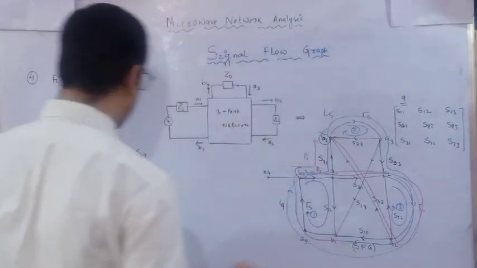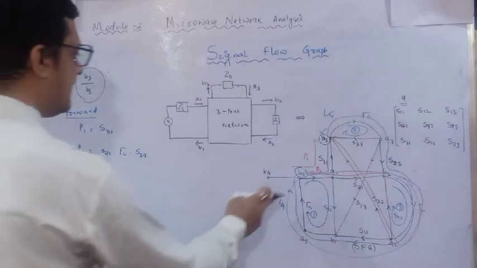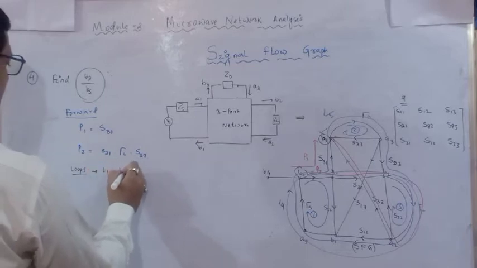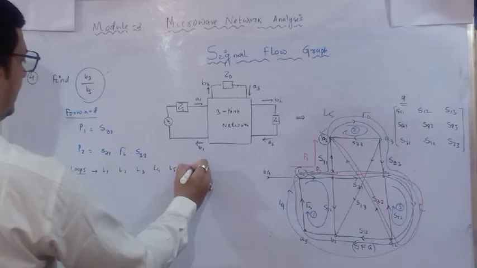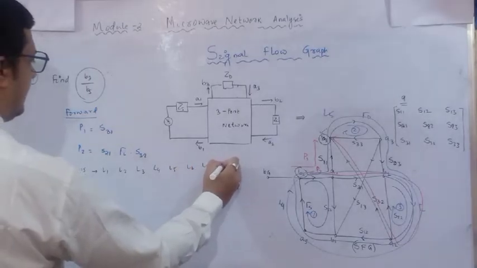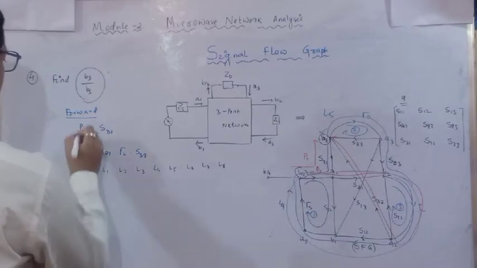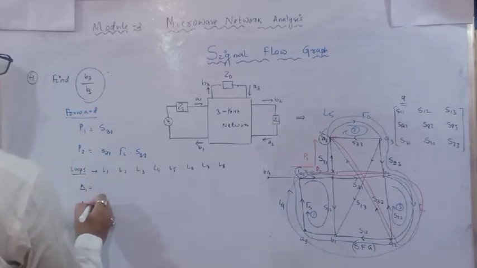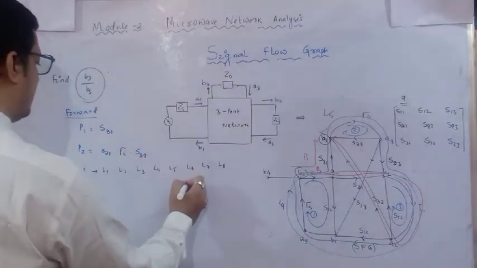In this, the loops we have identified are L1, L2, L3, L4, L5, L6, L7 and L8. So there are 8 loops. Then for path 1 we will have del 1, for path 2 we will have del 2, and then we will have del, the total.